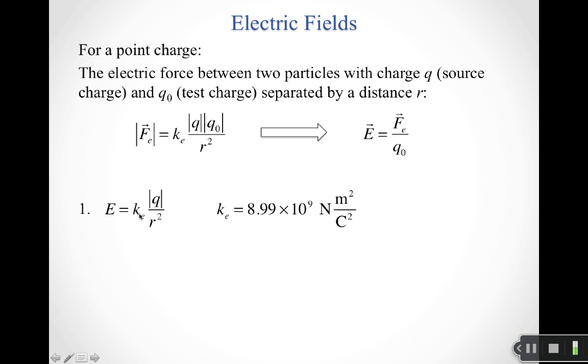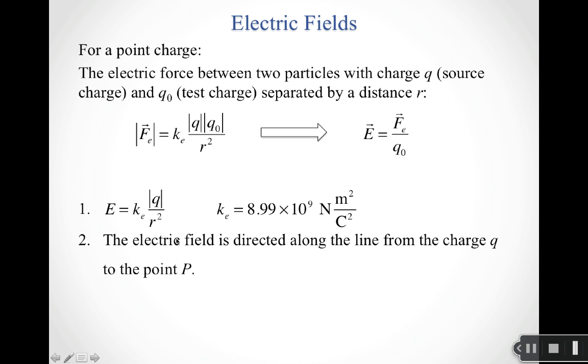What I'm left with is that the magnitude of the electric field vector is going to be my Coulomb's constant, K, here I've included the sub E, times the absolute value of my source charge, the charge that's causing the electric field, over r squared. And r now is the distance from your source charge to the point P that you're interested in. So in dividing out the test charge, we've kind of redefined what r is.